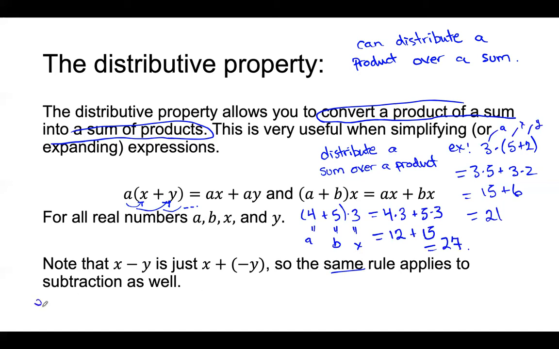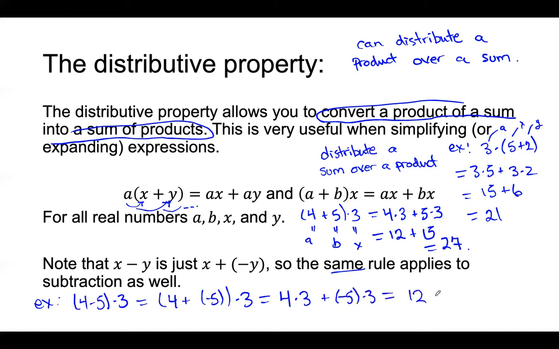Here an example is (4 minus 5) times 3. It's the same as (4 plus negative 5) times 3. So 4 times 3 plus negative 5 times 3. So this would be 12 plus negative 15, which is 12 minus 15, and the result is negative 3.